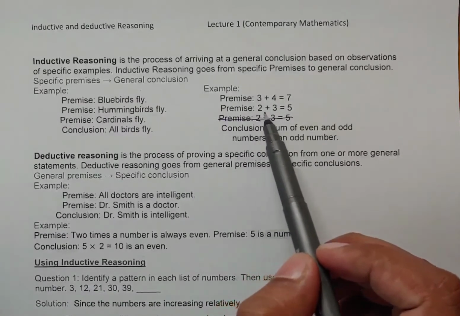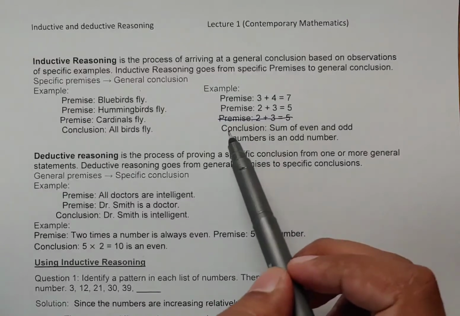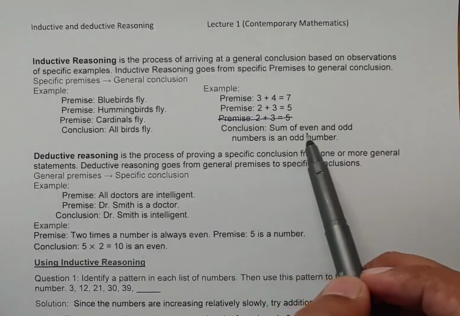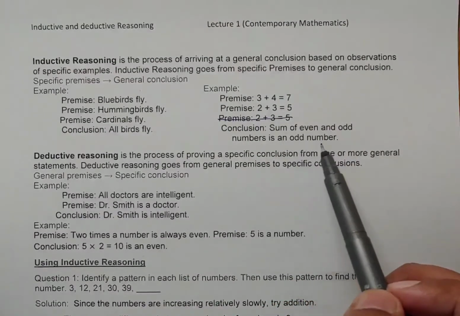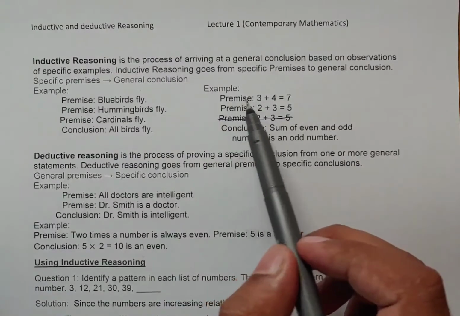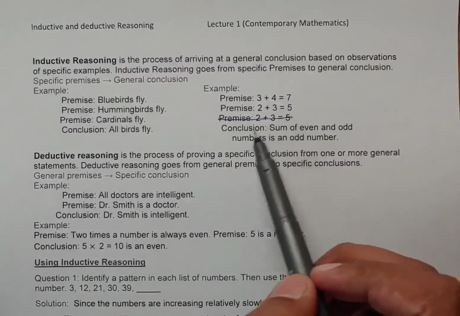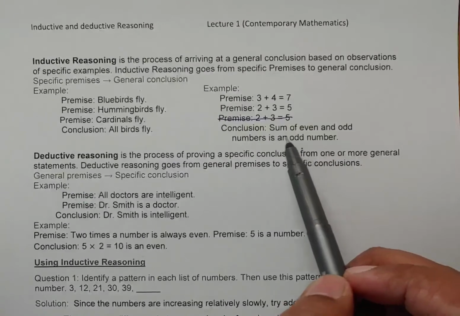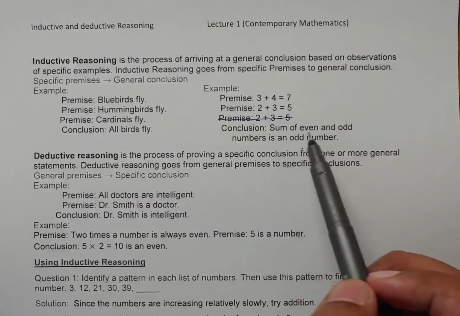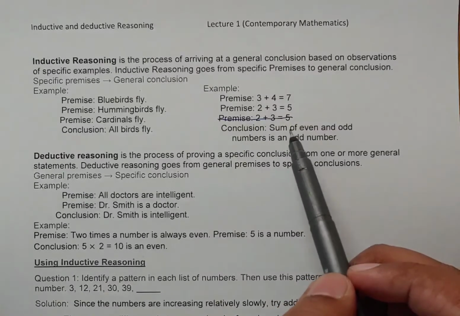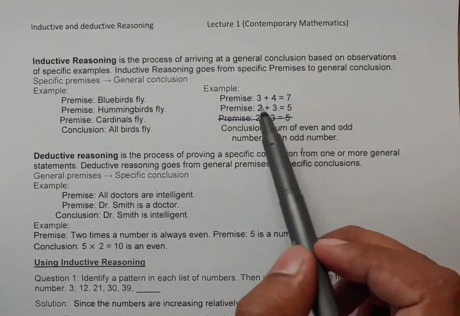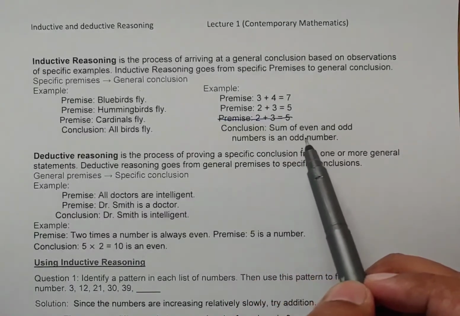The second is 2 plus 3 is 5. And then the conclusion is that the sum of an even and an odd number is an odd number. Based on these premises, the conclusion is made, and this is a general conclusion. So, specific examples to general conclusion.